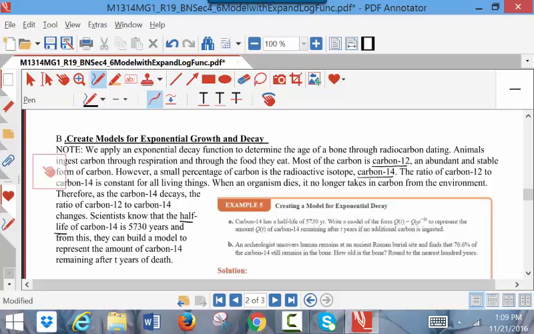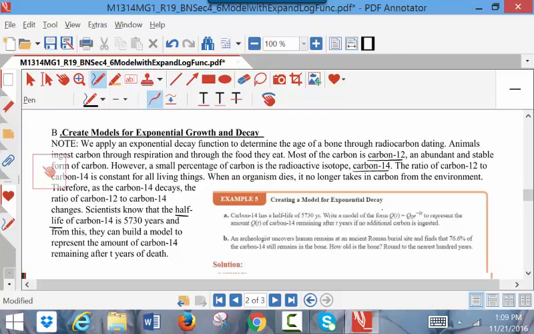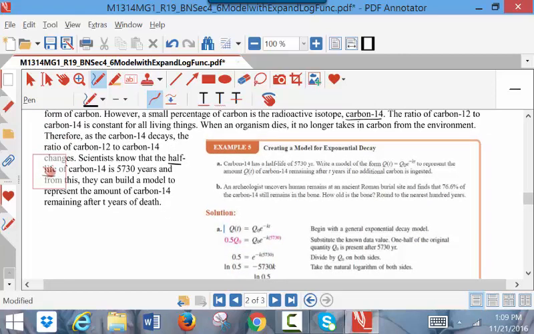The half-life of carbon-14 is 5,730 years, and from this they can build a model to represent the amount of carbon-14 remaining after t years of death. All right, so here's an example taken straight from the book. It says carbon-14 has a half-life of 5,730 years.